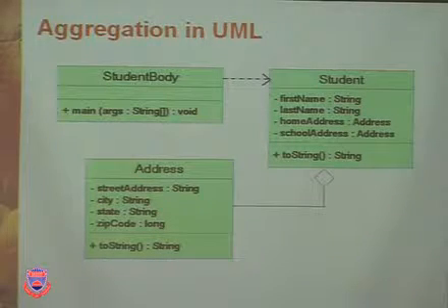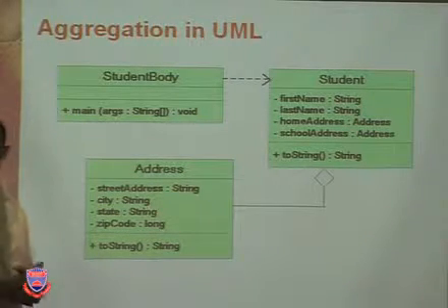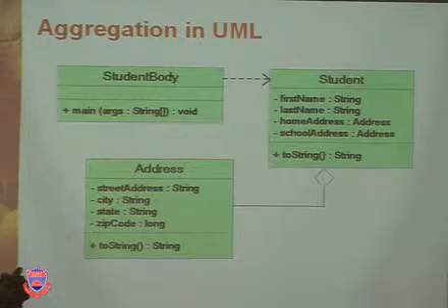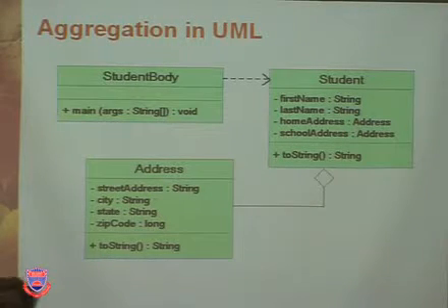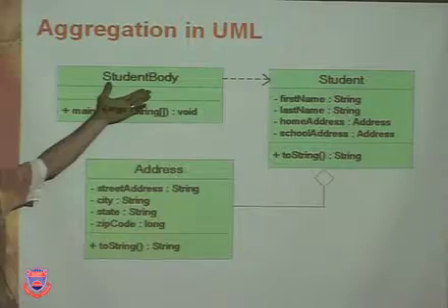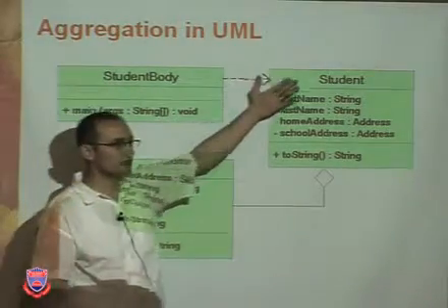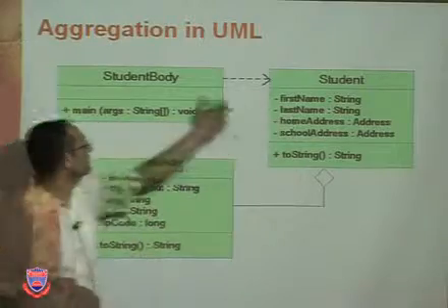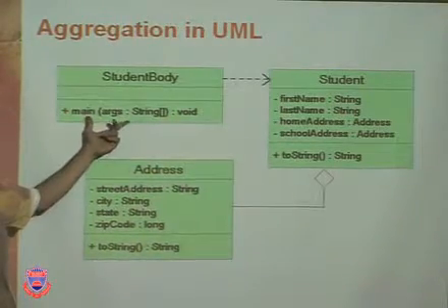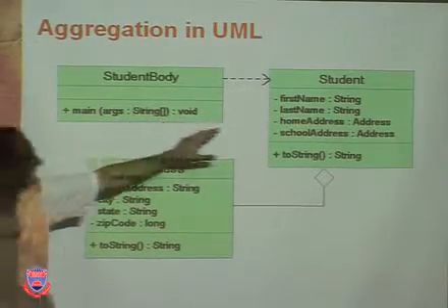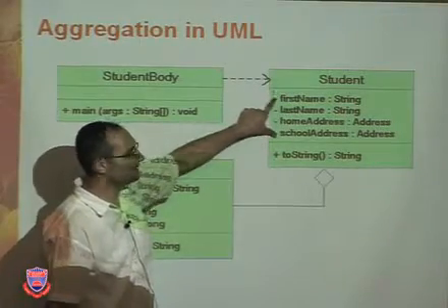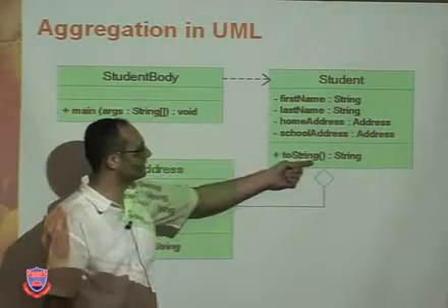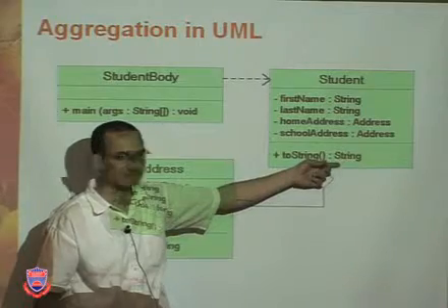So in UML, if you remember, this is the unified markup language. UML stands for unified markup language. And I have the student body class, which is using the student class and implementing it. In the student class, before going to that, I have only the main method, which returns void. And in the student class, I have the instance variables listed here, and then the toString method. That's the only method I have.